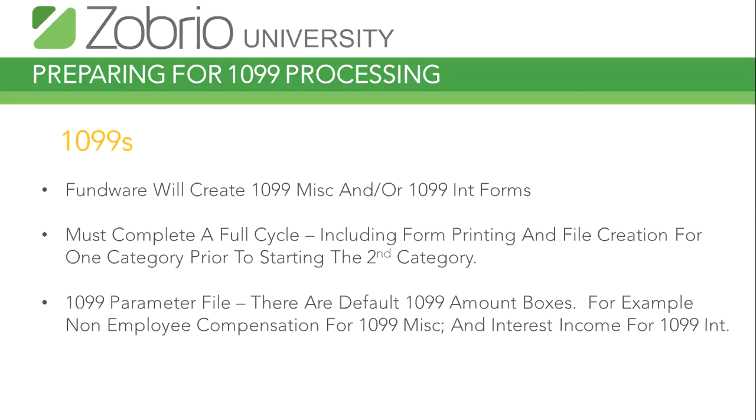Just keep in mind, if you fall within both categories, you need some for the miscellaneous and some for the 1099 interest, it is important that you complete a full cycle of all your 1099 miscellaneouses, which means extract the database, do your edits, print your forms, create the electronic file, and then you essentially initialize the 1099 database and repeat the process for your 1099 interest forms. You create your database, you edit, you print, and create your electronic file. Okay.